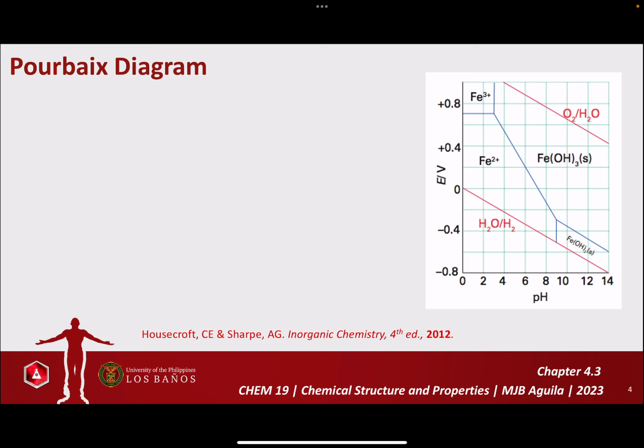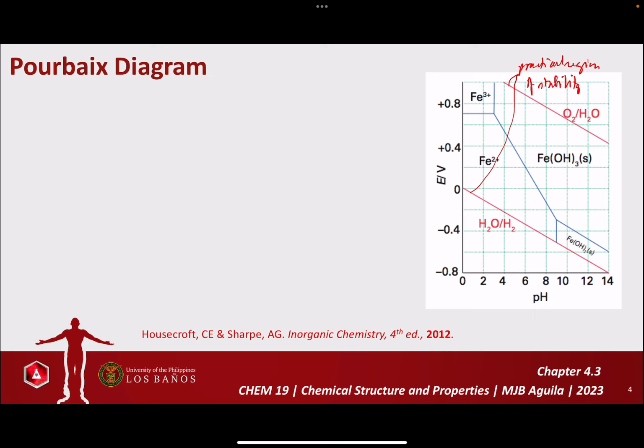So no rates are derived from the diagram. Since this is a representation of the electrochemical nature of the element in aqueous system, we need to take into consideration the practical stability region for water. This is indicated by the red line over here. So this is the practical region of stability for water.